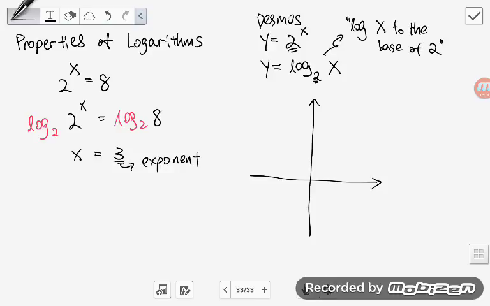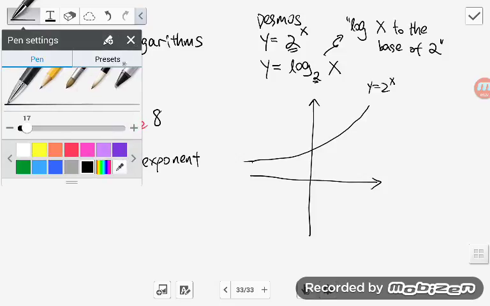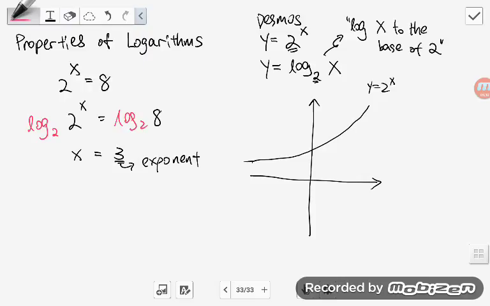So just go ahead, put these two equations in Desmos, and you can see that this is your y is equal to 2 to the power of x. And you should be able to see a horizontal asymptote for your exponential.